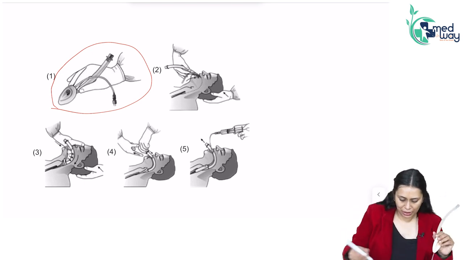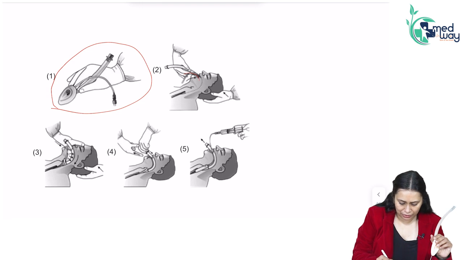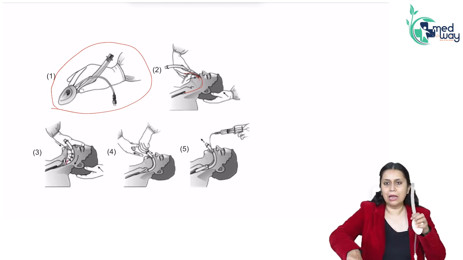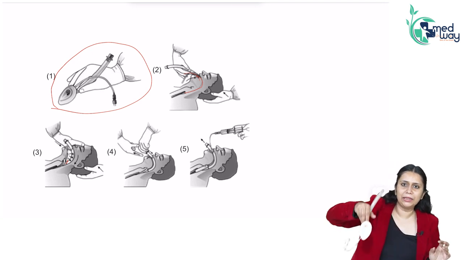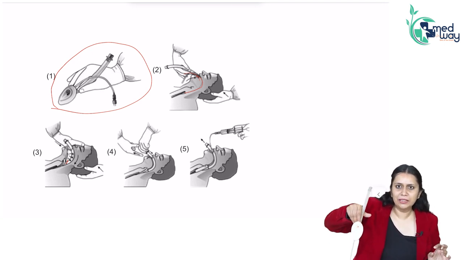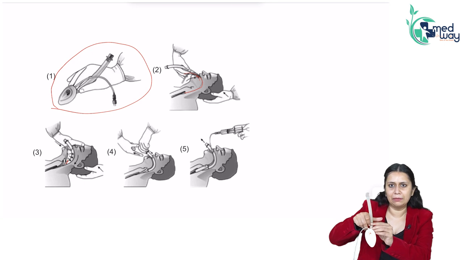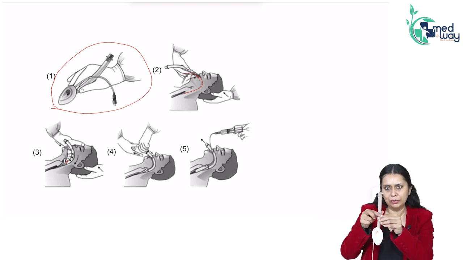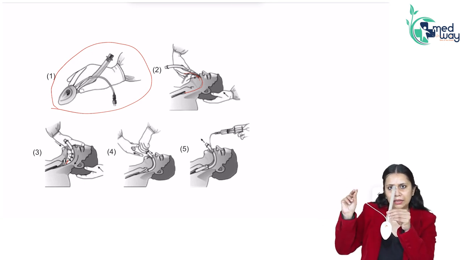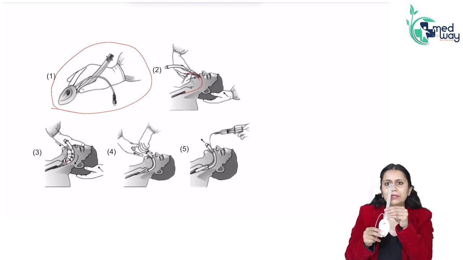So I start applying pressure with my index finger. I insert it. It follows the path of least resistance, as you can see in image 2. And when I push it, I cannot push it any further. I am facing maximum resistance. I take my hand out, I hold it, and then I inflate the cuff. It comes a little out for right positioning.